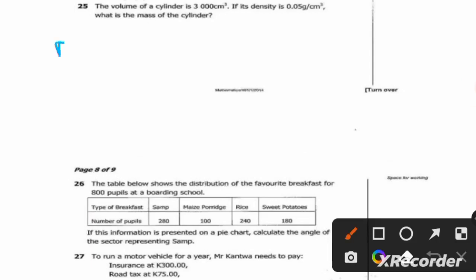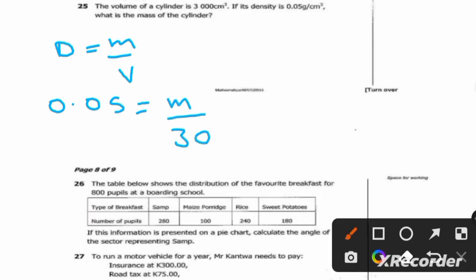So we are going to say density is equal to mass over volume. Have we been given density? Yes, we are given density, which is 0.05, equal to mass, which we are looking for, over 3000.